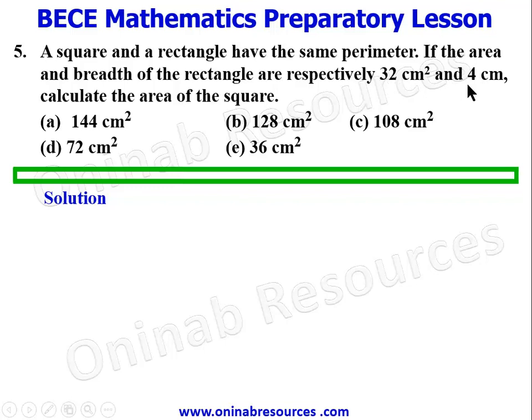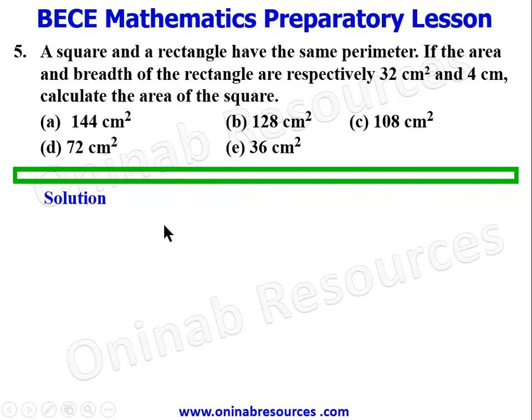So we can use the area and the breadth to calculate the length of the rectangle. And since the rectangle and the square have the same perimeter, we can then find the perimeter of the rectangle, which is equal to the perimeter of the square. From there, we'll be able to calculate the length of the sides of the square, which will help us to calculate the area of the square.